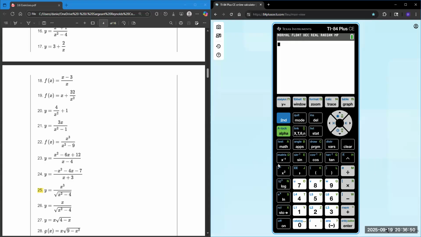If I have y is equal to x to the third divided by square root of x squared minus 4, and I put in Y-vars, function Y1 of negative root 6, let's check that.